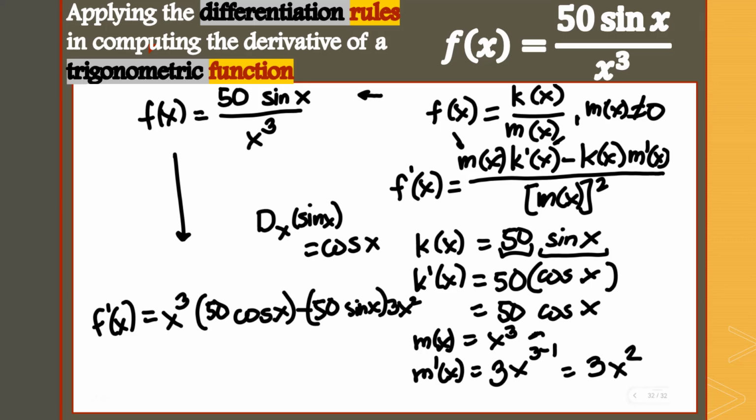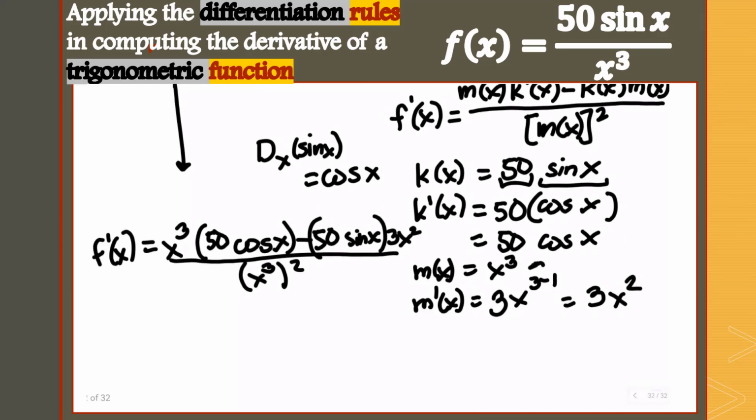Pardon the spaces, I'm trying to complete this without moving to the next page. So take note, I am multiplying this entirely, because if I do not place the parentheses, I might be confused with this only. So I am multiplying the entire form all over. Again, your original denominator is x cubed, so you need to square that.